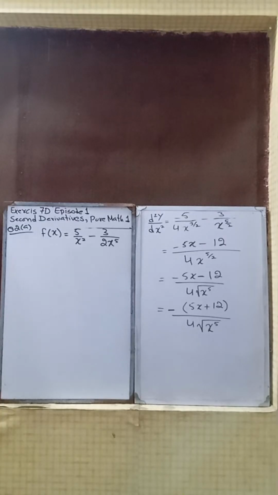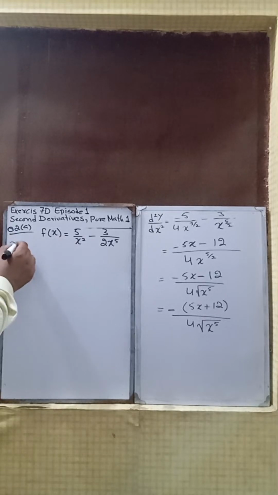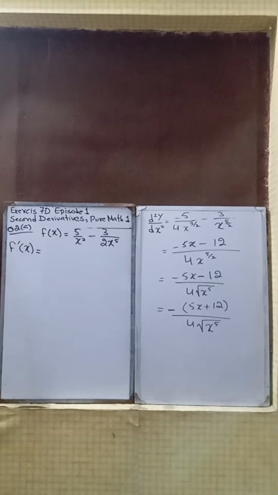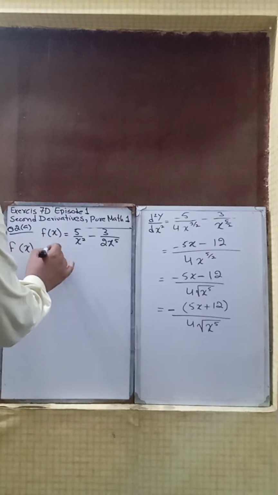Their question is find the second derivative. When your equation is given in this form, the derivative is written like this. This is a very important symbol. When I put this prime sign here, this means I'm going to take the derivative of this thing, okay?